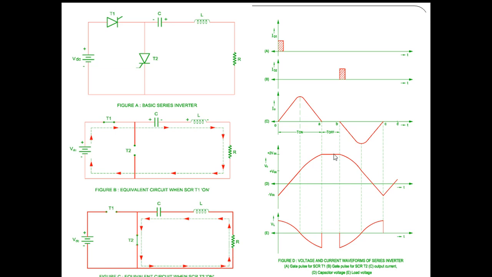The voltage across the inductor will reach up to minus VDC, and at this point again current reaches 0, and the voltage across the capacitor will reach minus VDC, and the load voltage will change from minus VDC to plus VDC. So these are the waveforms.